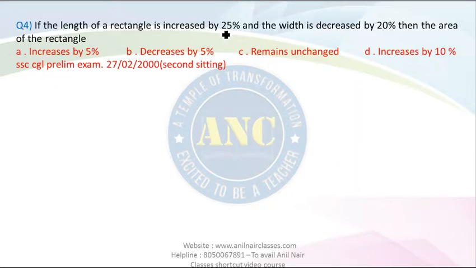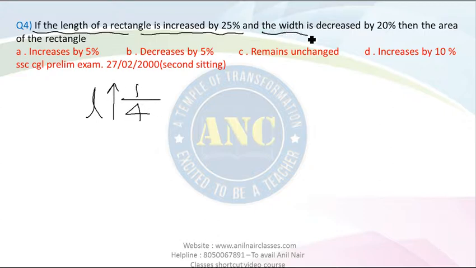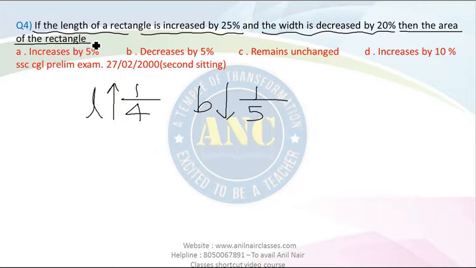Let us solve my question number 4. Question 4 says, if the length of a rectangle increases by 25, 1 by 4, and the width, I will call it breadth, decreases by 20, 1 by 5, then what change is there in the area of the rectangle? Now see here, same logic.